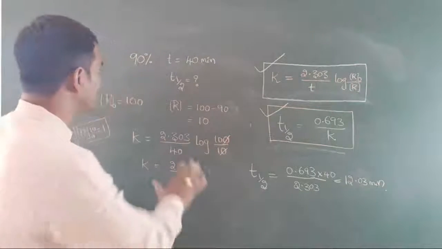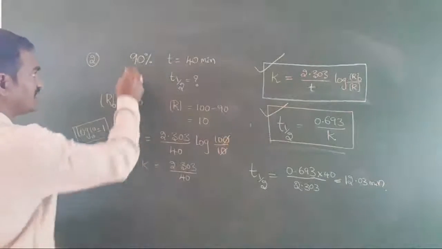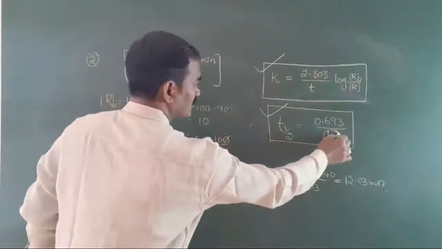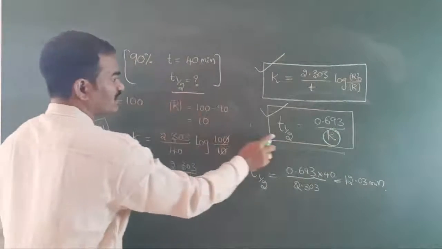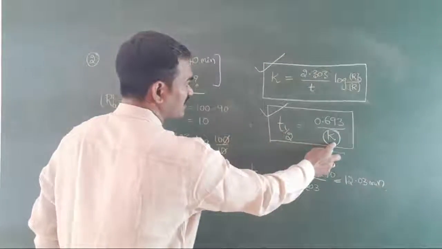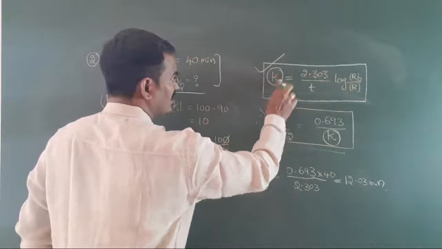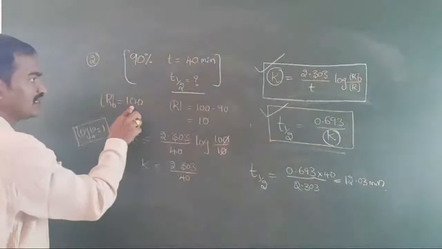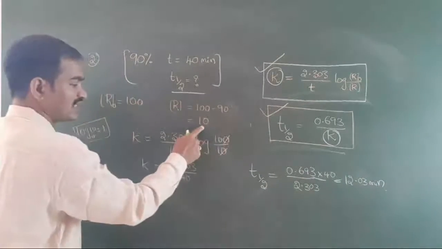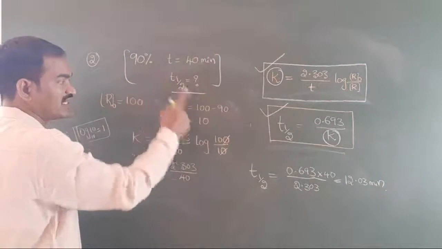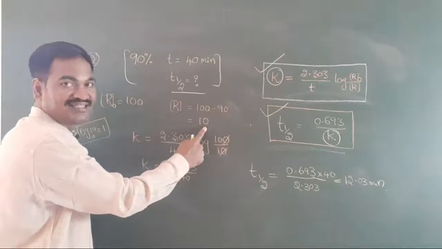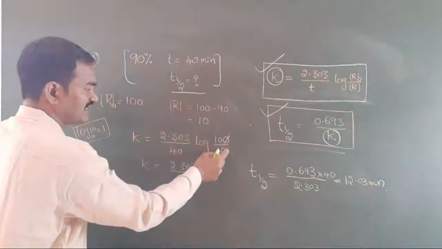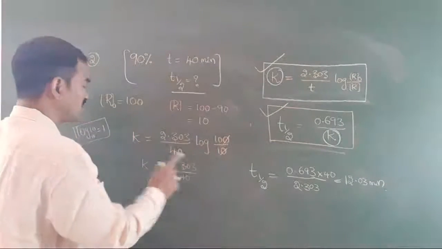Here you see this whole problem. Nicely they gave this data. First we have to calculate the K value, because they are asking about T half. If you want to calculate T half, we need the K value, which we can calculate with the help of this formula. Initial concentration is 100. Remaining concentration is 10, because 90% completed. 100 by 10, log 10 is equal to 1.